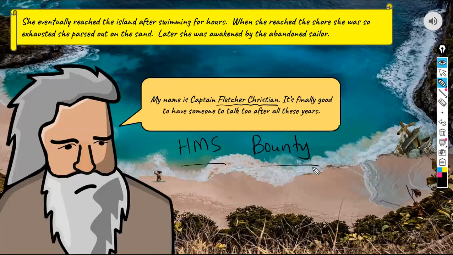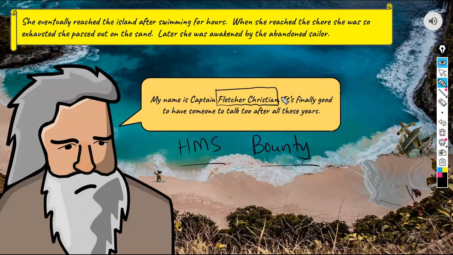All right, for those who never read that book, it's based on a real story in history where there was a mutiny on a boat, and the captain and some of his crewmates, they threw them off the boat, and the name of the boat was what? The HMS Bounty. And one of the guys who led the mutiny, his name was actually, I reversed the name. His name was Christian Fletcher. I just put Fletcher Christian.